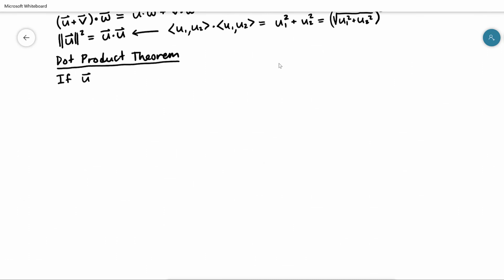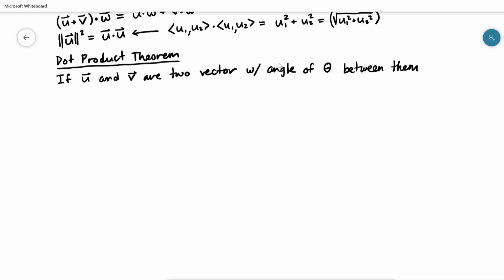If u and v are our two vectors, with an angle of theta between them, then it turns out the following is true.